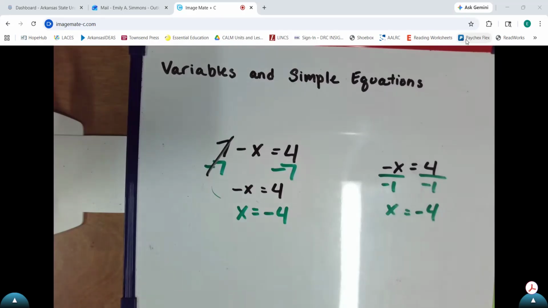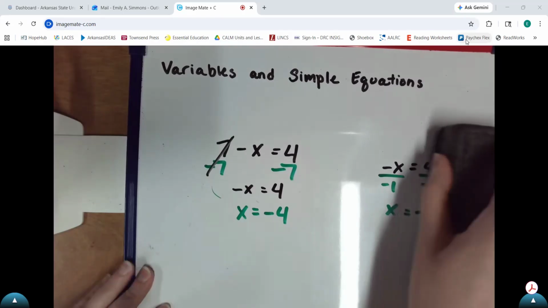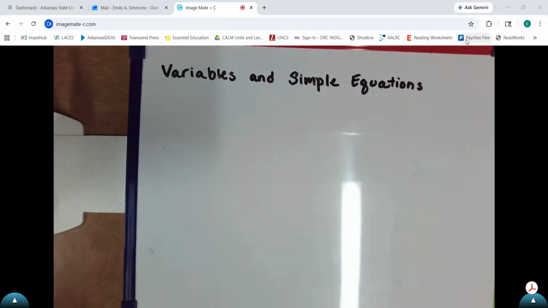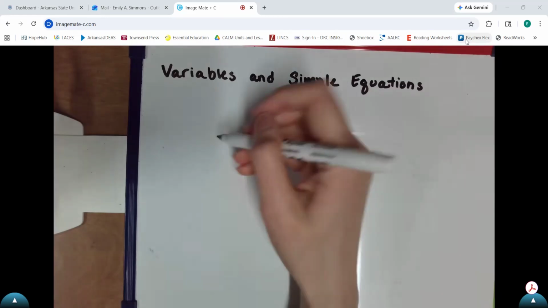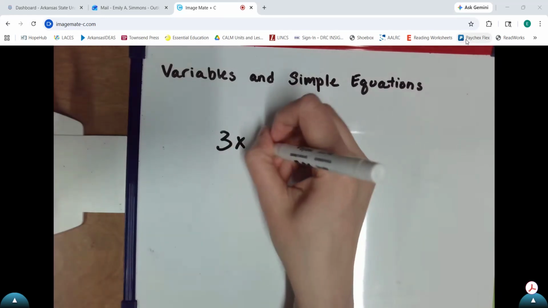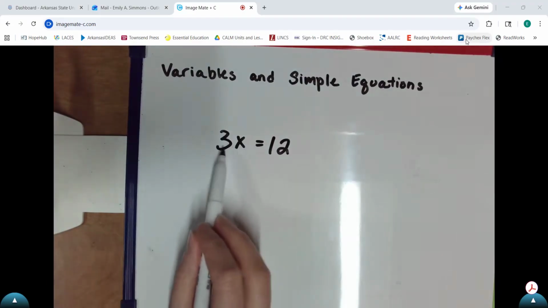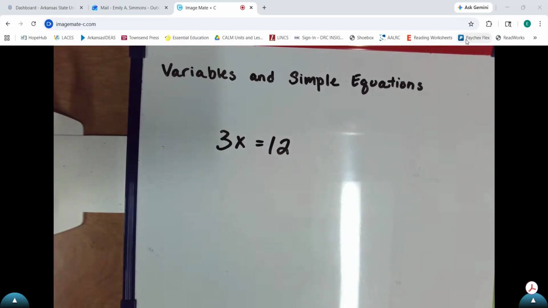And I've got two more examples. So we did all adding and subtracting, but what if we had some multiplying and dividing? I've got 3x equals 12. And since this is 3x with nothing in between, that's 3 times x.